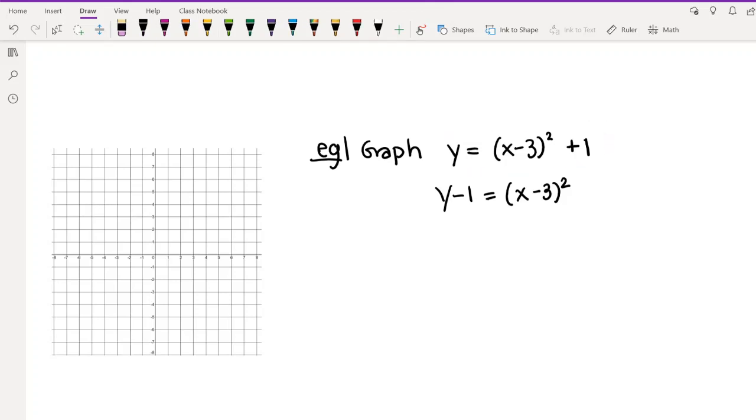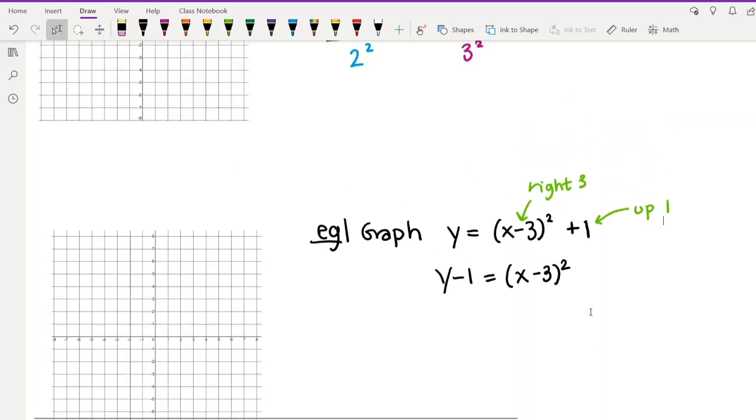So what you'd probably think is, okay, this means that I go right by 3, because we're subtracting. And then if you remember going back to transformations with functions, if you're adding 1 outside the function, then that means you're going up by 1. If we instead move that 1 over so that it's with the y, that still works.